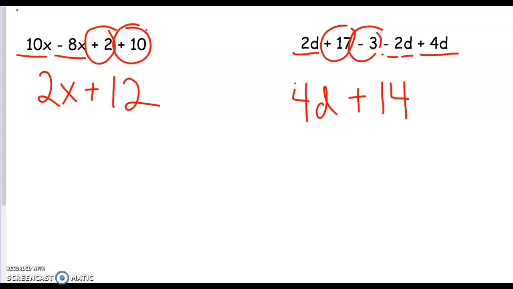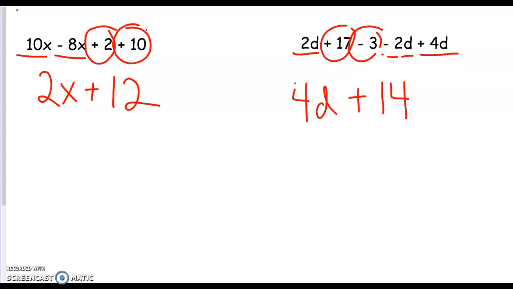And the second one, my variables, I've got a 2d minus 2d. Well, 2 minus 2 is 0, so those cancel out. And then we have plus 4d that we're left with. Our constants, we have 17 and minus 3. 17 minus 3 leaves us with plus 14.